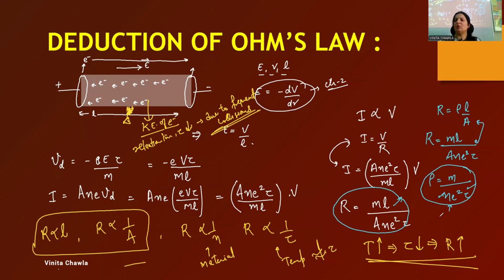So rho depends upon material and temperature. On the other hand, R depends upon four factors: length, area, number density, and temperature or relaxation time. It is inversely proportional to tau, but it depends on temperature. This is what we say.